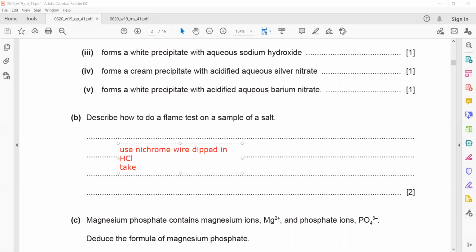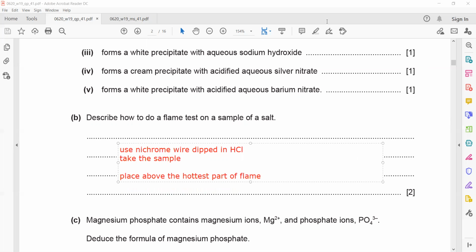Then we take the sample, then place it above the hottest part of the flame or the Bunsen burner.